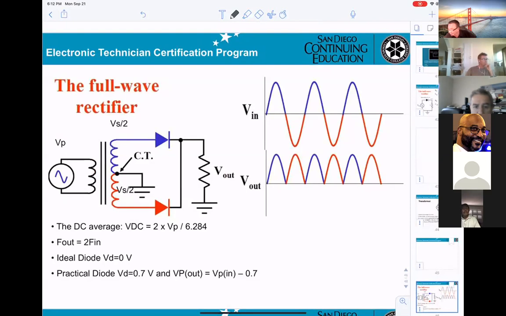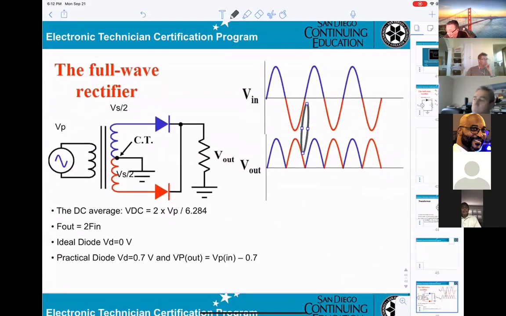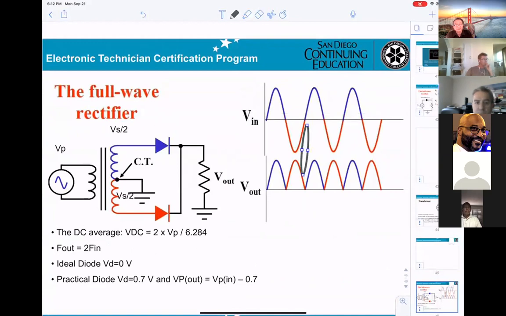That means a complete one cycle, from here to here, one cycle. They will be rectified, both positive and negative. So that's why they call it full wave rectifier. If they rectify only one, that means half wave.